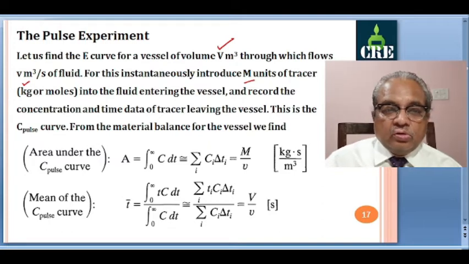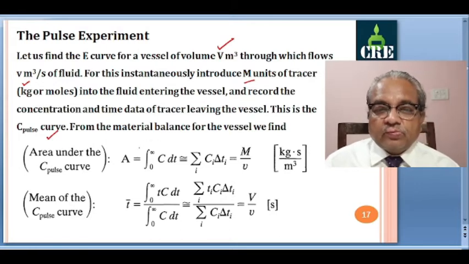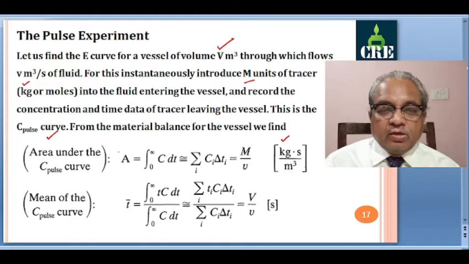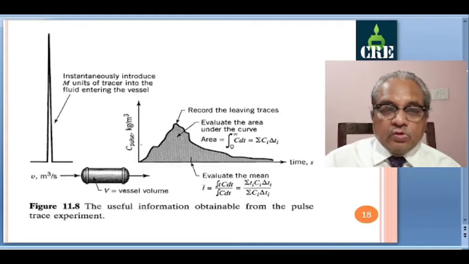So when we use pulse input, we call it the C pulse curve. And from the material balance for the vessel, this M is in kgs or moles, so we are considering here kgs, divided by small v in meter cube per second, so kg second per meter cube, is the area under the curve A. So here m units are introduced.